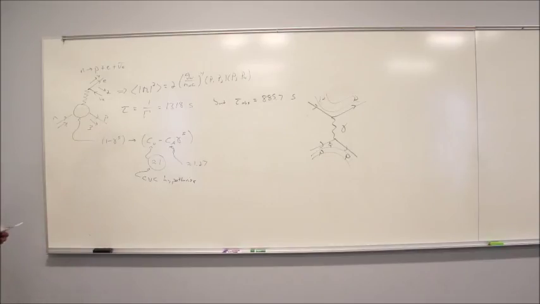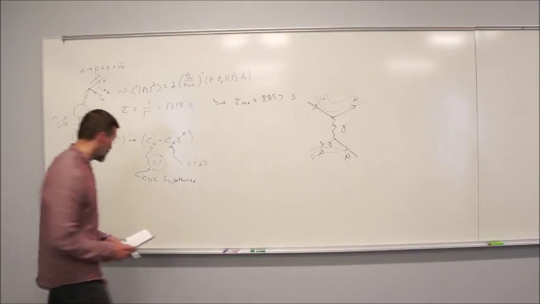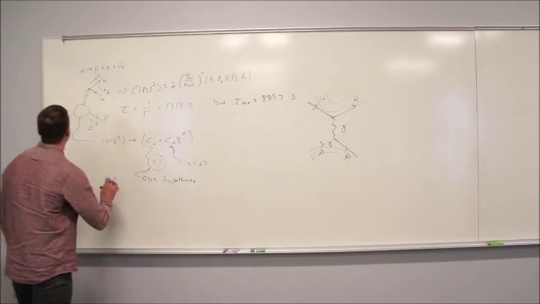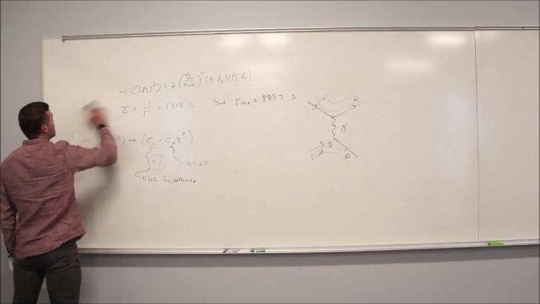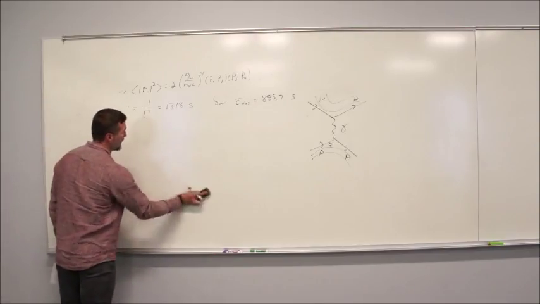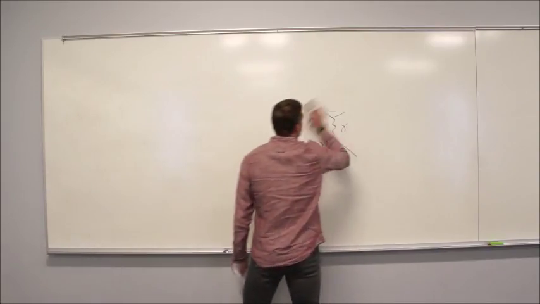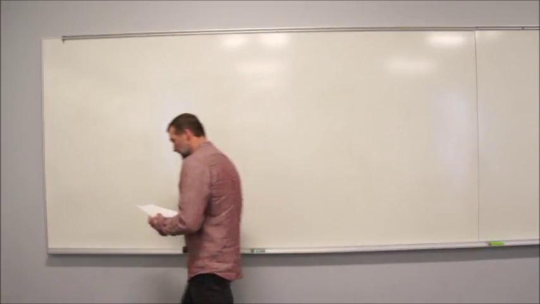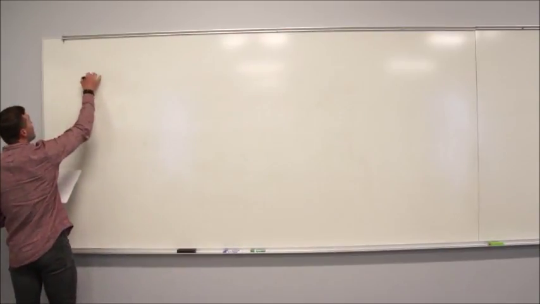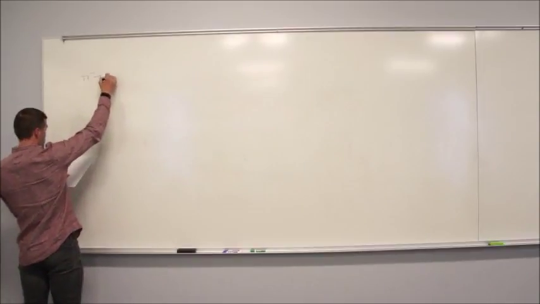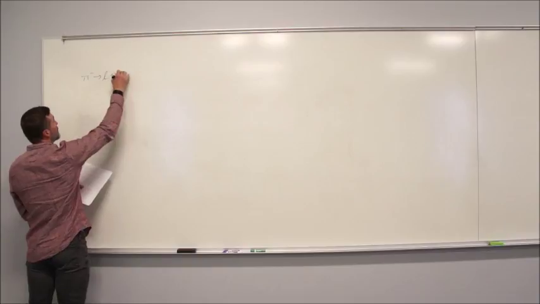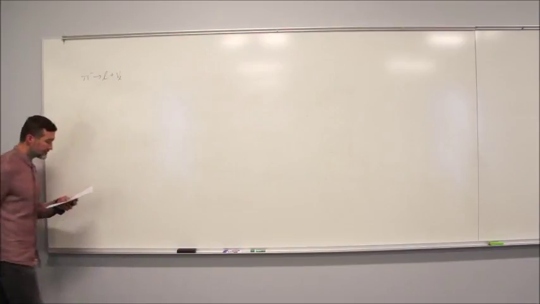All right, so my last example is not quite a true decay, but it's going to give us a very interesting result. This is going to be the pion decay. So the pion decaying into a lepton plus some lepton neutrino.